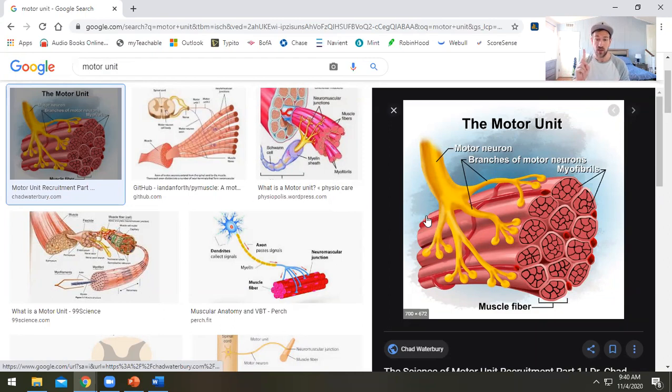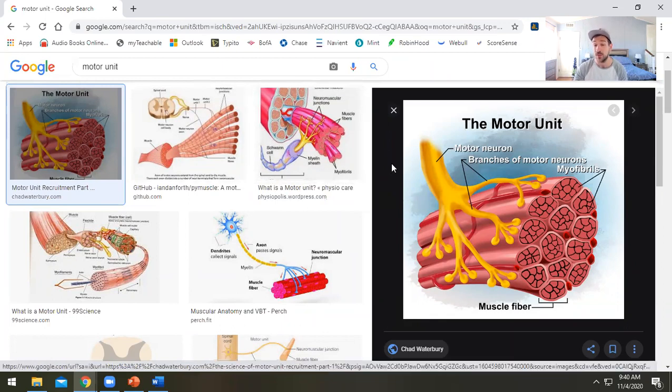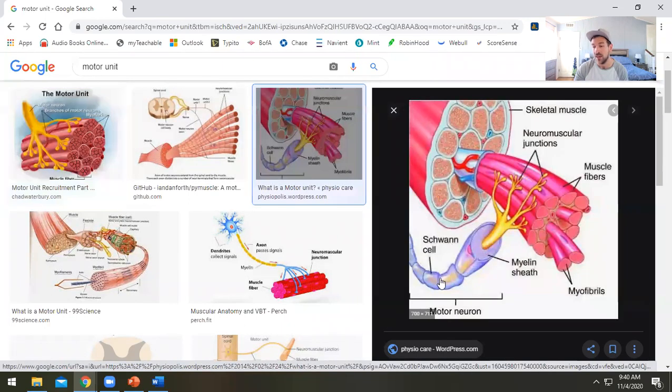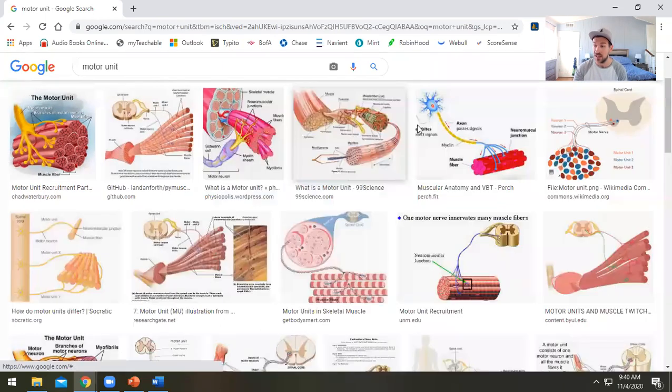So one neuron zaps 20 to 1,000 muscle fibers, individual muscle cells. That's what's cool there, right? You've got one neuron zapping multiple cells, and by zapping those multiple cells, you're able to contract several muscle fibers simultaneously.